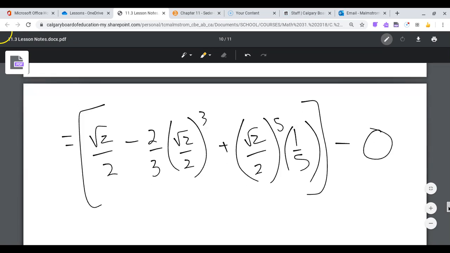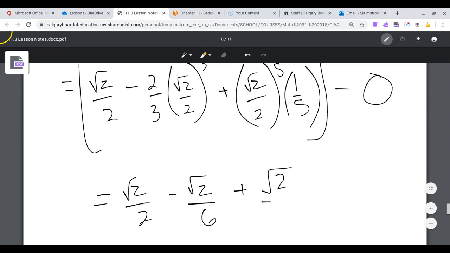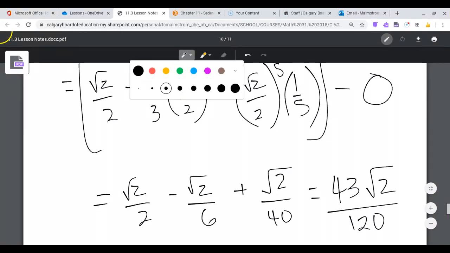So it's just a matter of tidying this up. And when this is all tidied up, we get root 2 on 2 minus root 2 on 6 plus root 2 on 40. Okay, I'm almost out of video time. See if you can get that all to reduce nicely to 43 on 120 root 2.